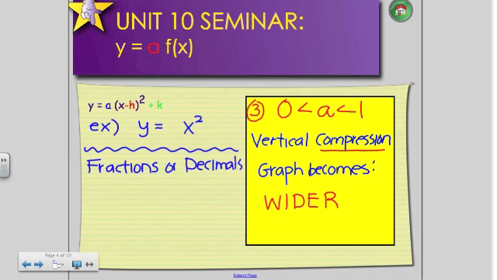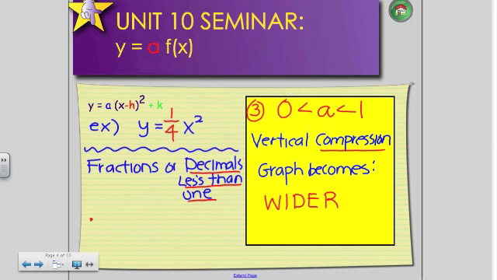But you have to have decimals less than 1. They can't be decimals greater than 1, and that's the way I always try to trick students on the test. If I say 1.5, that wouldn't be a vertical compression because it's greater than 1. It's only decimals less than 1. So for example, y is equal to 1 over 4x squared.